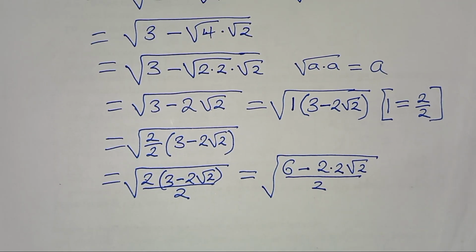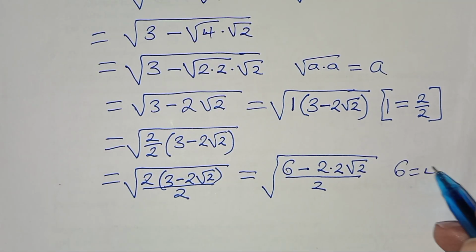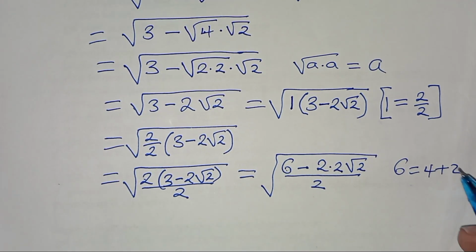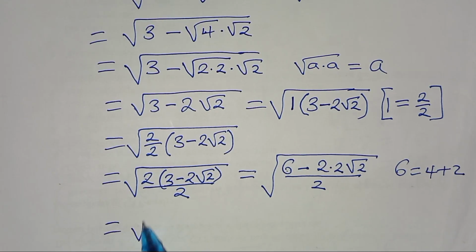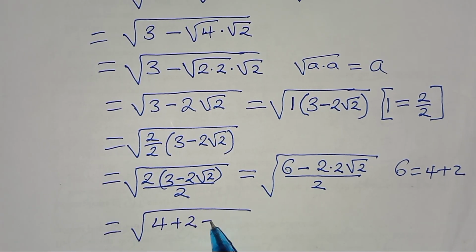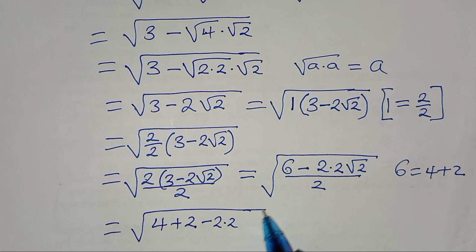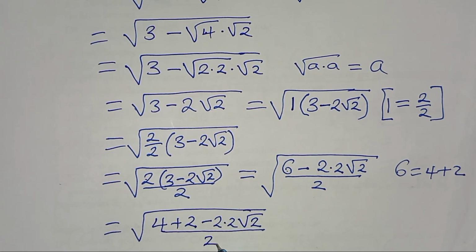We can express 6 basically as 4 plus 2. Let's substitute this. So this is the square root of 4 plus 2, subtract 2 times 2 square root of 2 divided by 2.